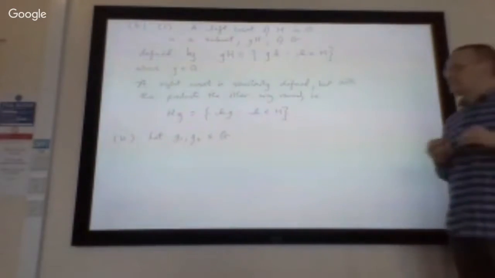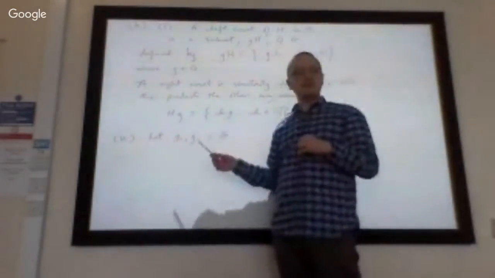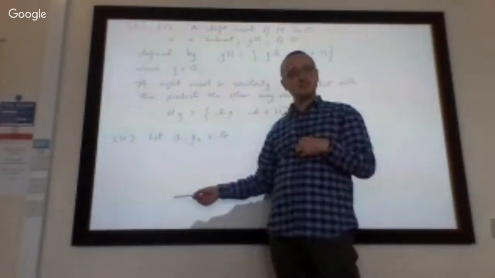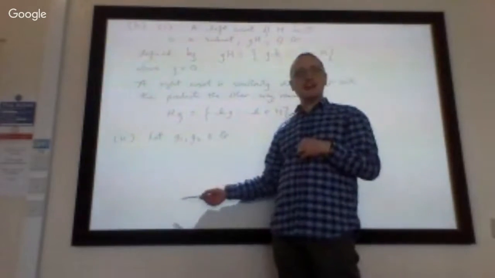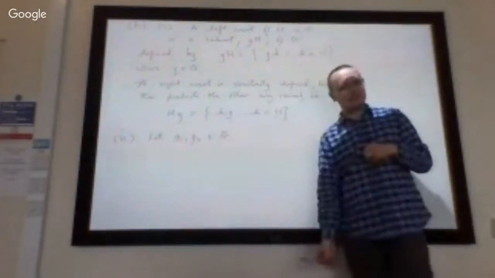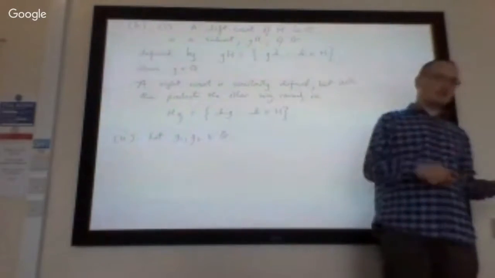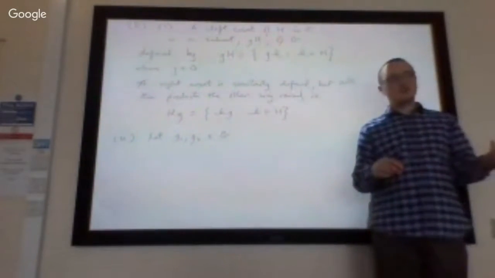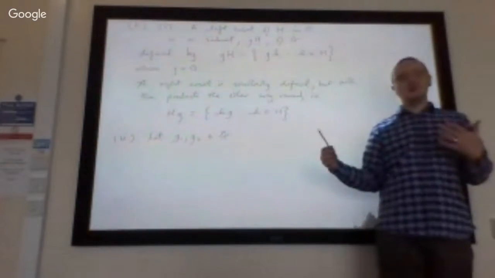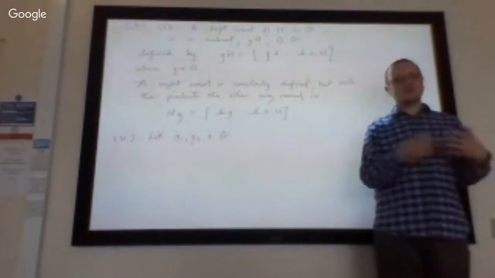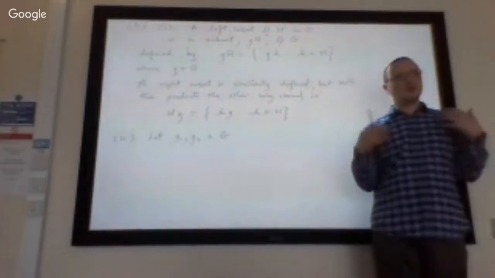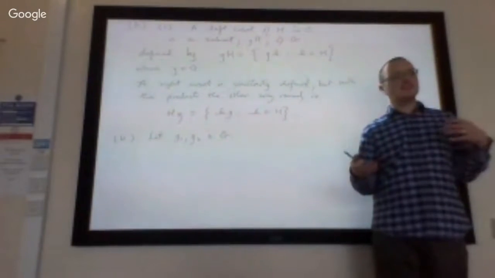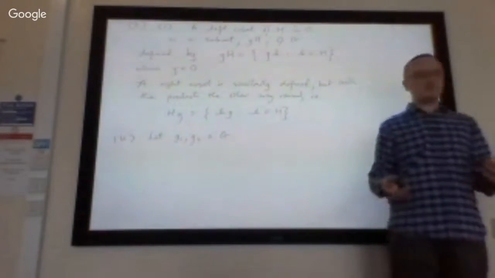So we're not going to be able to definitely prove that G1H is definitely equal to G2H. And neither are we going to be able to definitely prove that G1H is disjoint from G2H, because we don't know what G1 and G2 are. Maybe the two left cosets are the same, maybe they're disjoint. But we're going to try to prove that it must be one of those two possibilities.